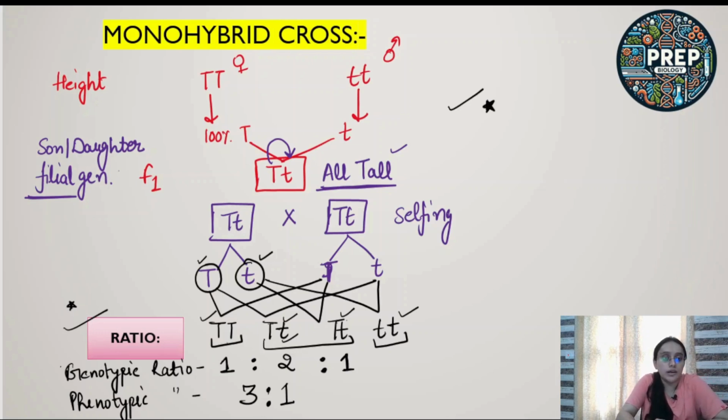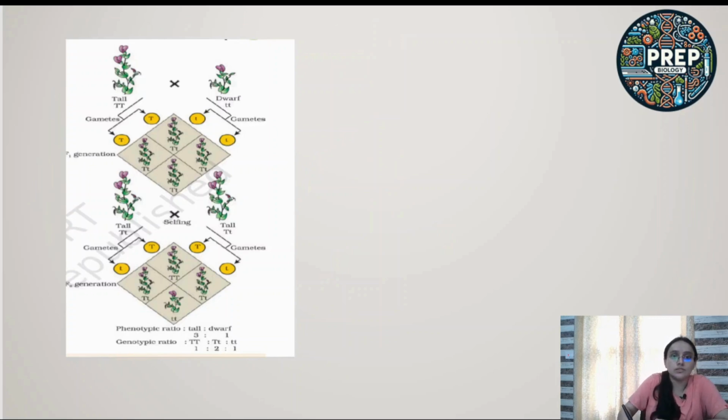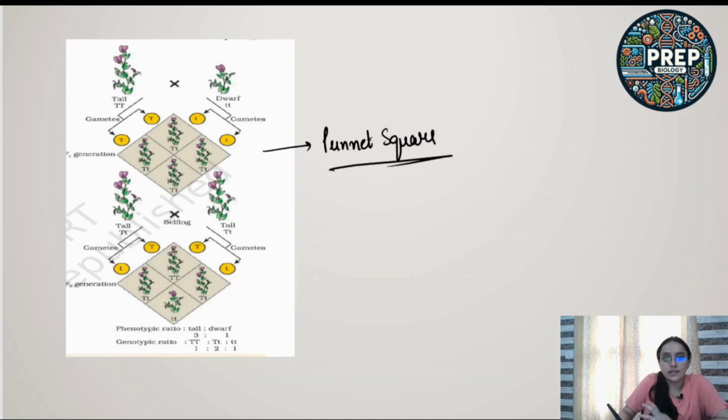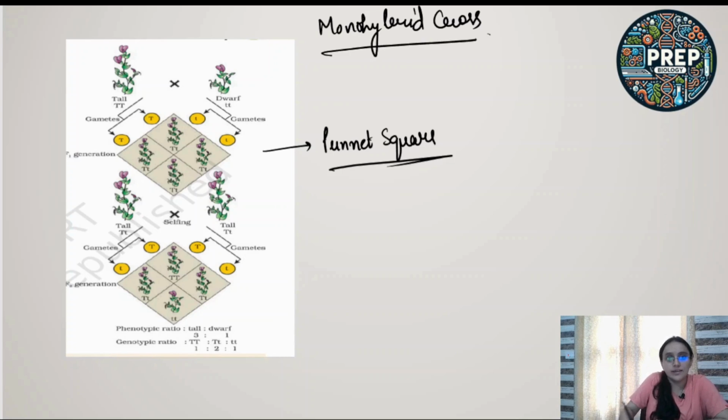In your NCERT books, you have this cross, and the representation is by the Punnett square. The Punnett square is basically a graphical representation for finding out the probabilities of the crosses. This is the monohybrid cross that we have discussed: capital T, small t, the F1 generation where all plants are tall.